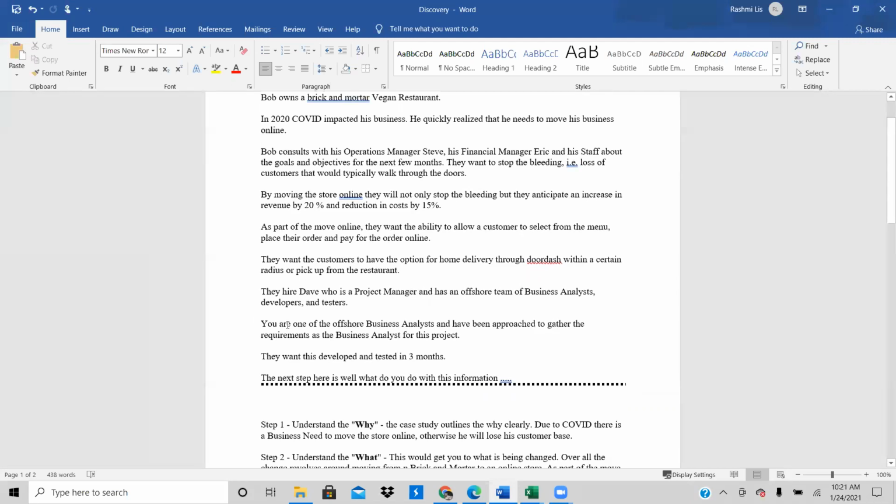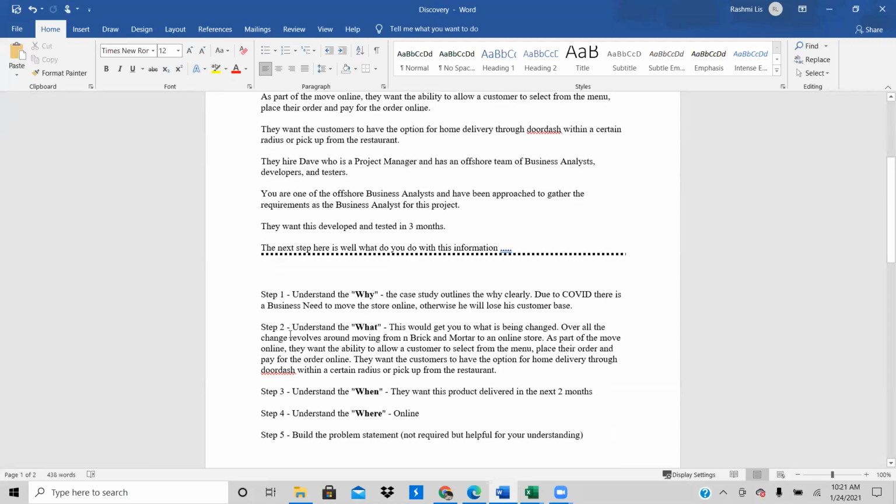Now, the way I've broken it down, and the way you should probably think about breaking this information down, is understand the why, understand the what, understand the when, and understand the where. That will help you break down and understand the business need.